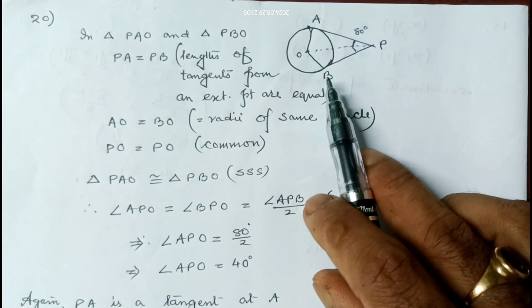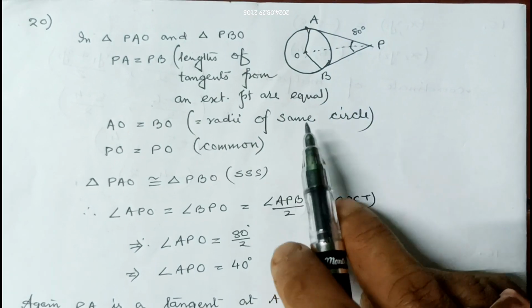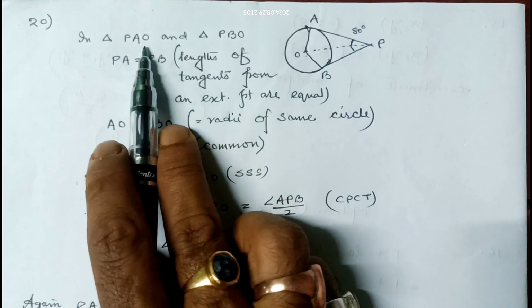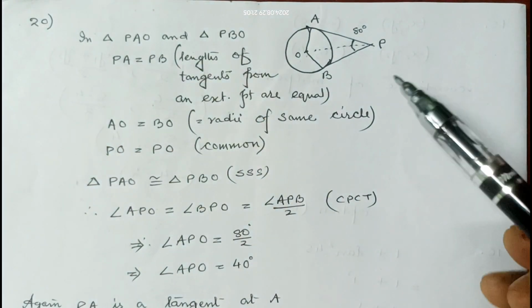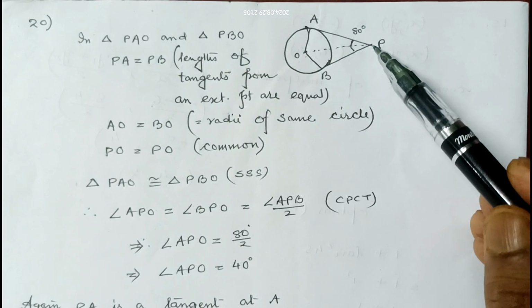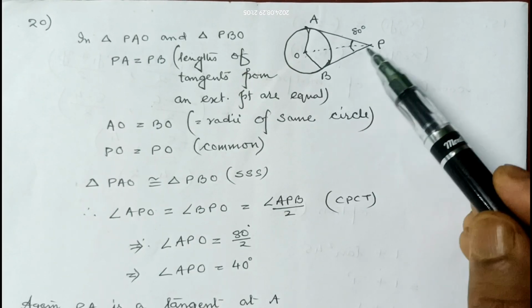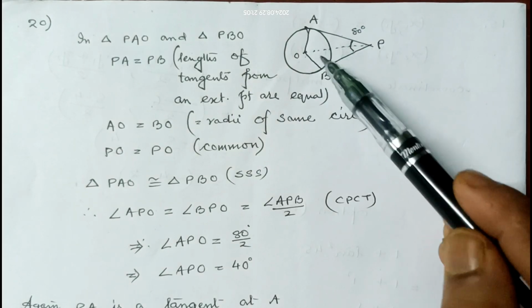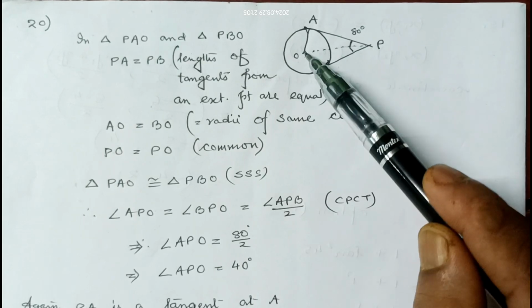In case of an MCQ, you can directly write the answer, but if it is a 2-mark question, then you have to show the steps. Here, if we take the two triangles PAO and PBO, then PA equals PB because the lengths of tangents drawn from an external point to a circle are equal. From the theorem, PA and PB will be equal. Again, AO equals BO because both are radii of the same circle, and PO is common.